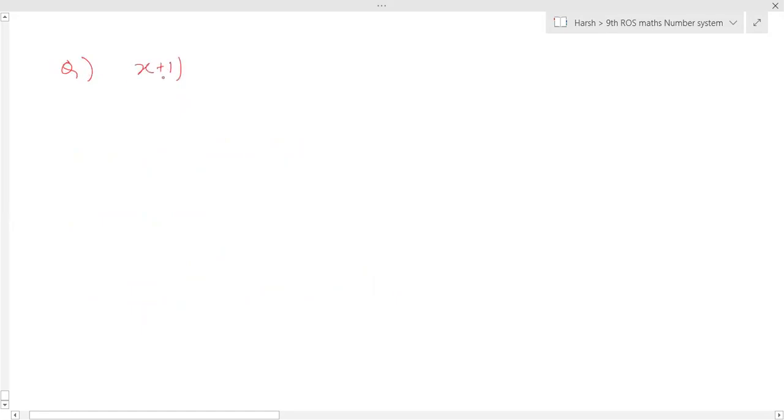X plus 1 the whole cube minus. Raise your hand once done.